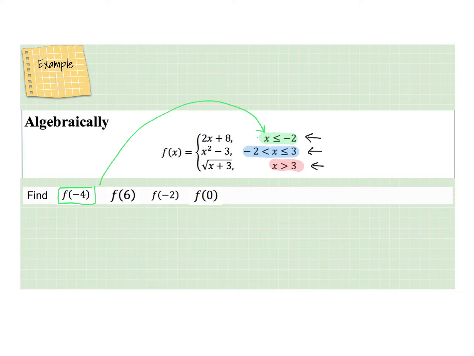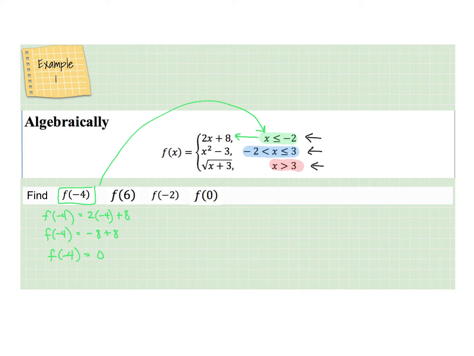Because it falls there, I will be using this function here. So I have function of -4 is equal to 2 times -4 plus 8. Function of -4 equals -8 plus 8, and function of -4 is equal to 0.